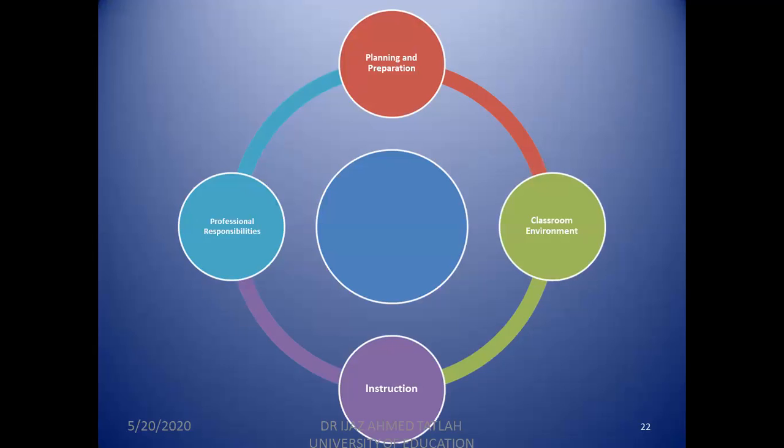You may see here in this diagram, there are 4 components: planning and preparation, classroom environment, instructions, and professional responsibilities. Planning and preparation is the very first step taken by the teacher when he goes to start his lesson.